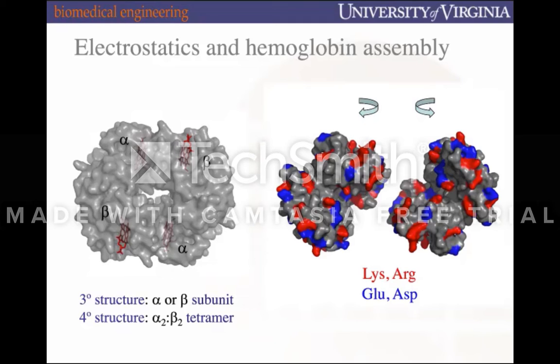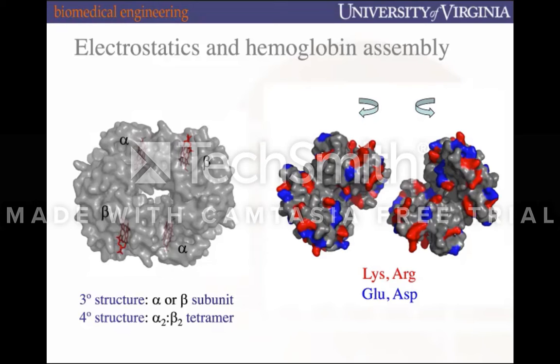And so to the right, what's happened here is in a computer model, the hemoglobin macromolecular protein has been split in half and pivoted so that you can see the insides of it. The sites in red are the positively charged amino acids, and the sites in blue are the negatively charged amino acids.